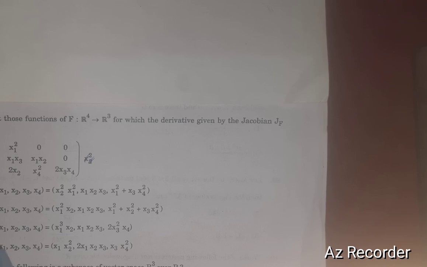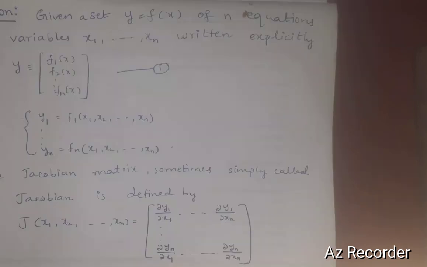Option 3, f of x1 x2 x3 x4 equal to x1 cube x2, comma x1 x2 x3, comma 2 x3 square x4. Option 4, f of x1 x2 x3 x4 equal to x1 x2 square, comma 2x1 x2 x3, comma x3 x4 square. So how can we solve the question? Let us see.